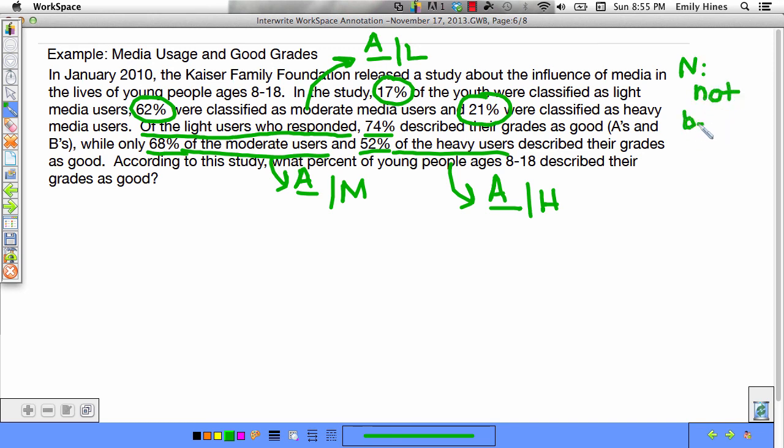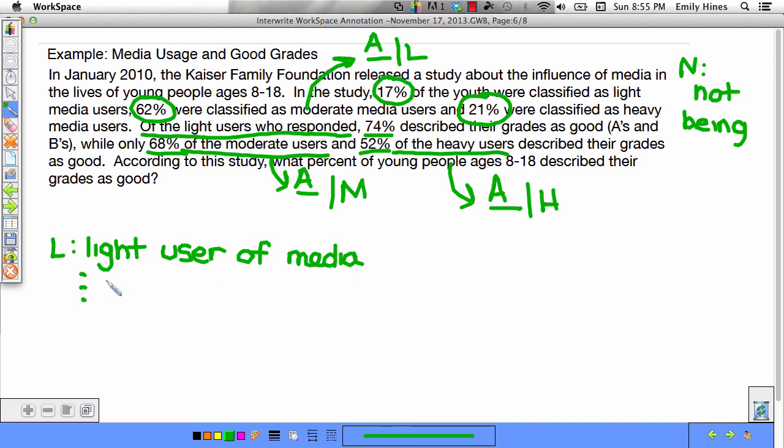So I need to define all of my events, and you would need to write all that out. And in fact, I'll go ahead and write some of them out for you. You would want to write it like this so that people, graders, and I would know what all of your events are. So under this I would put M, under that I would put H, etc.